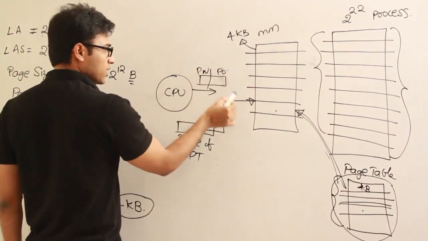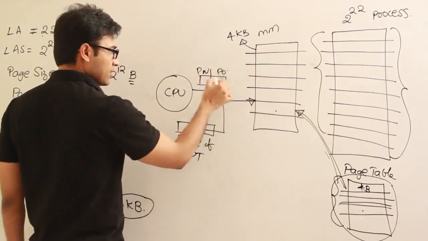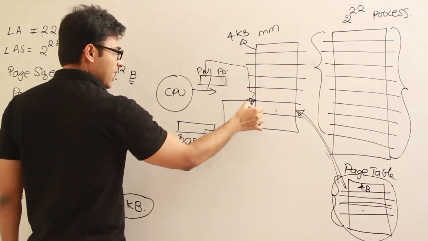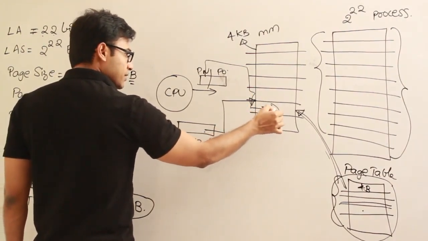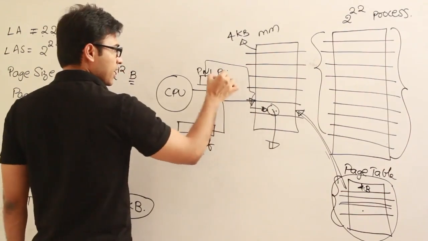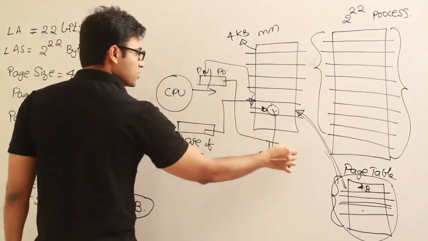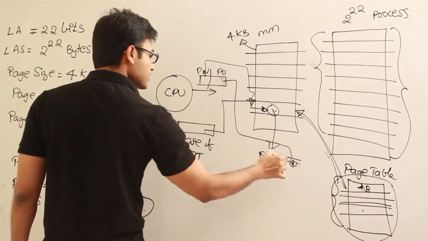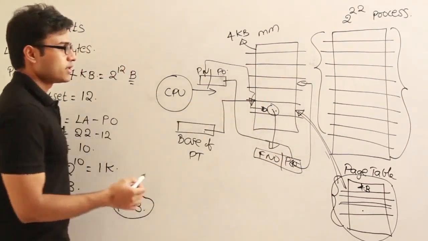Now we can go into the page table using this base, take the page number and get into that particular page entry, and then using that we can take out the frame number. Then we take the page offset and make it the physical address, and get into the main memory. That is the concept.